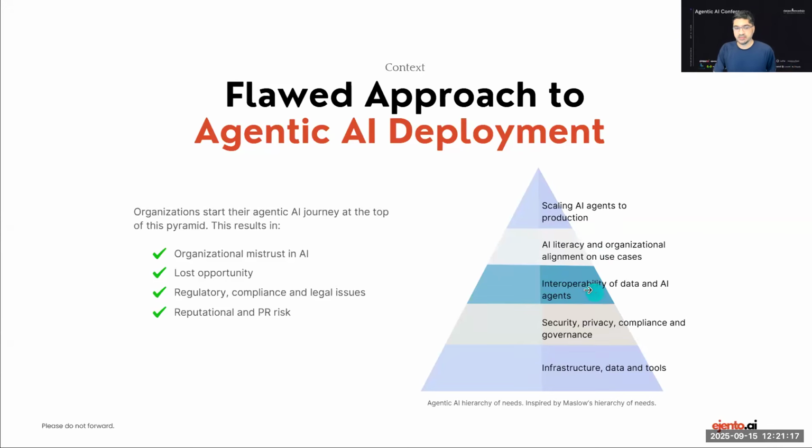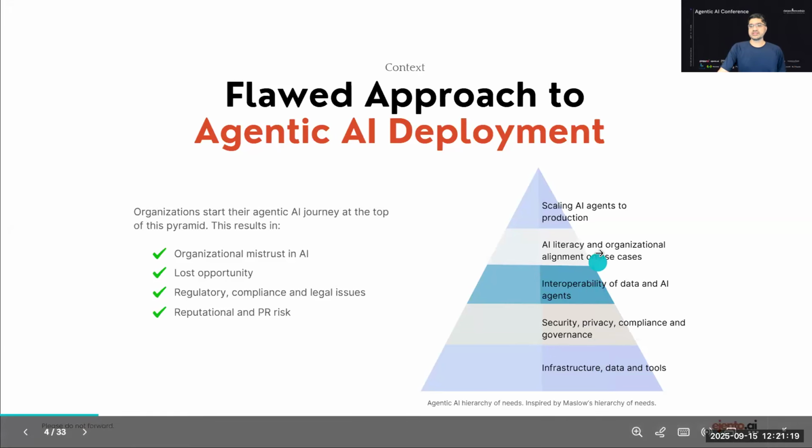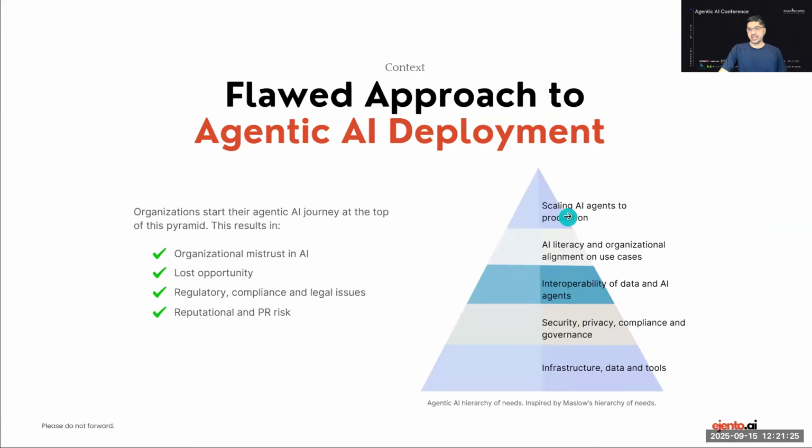This is primarily because of all of these factors. Most organizations, they're directly jumping to scaling of agents, which is fine for a POC, but beyond that, there has to be some legwork that needs to be done.